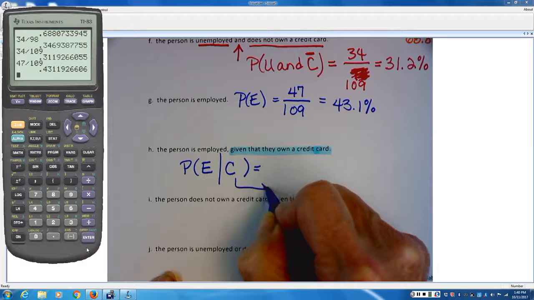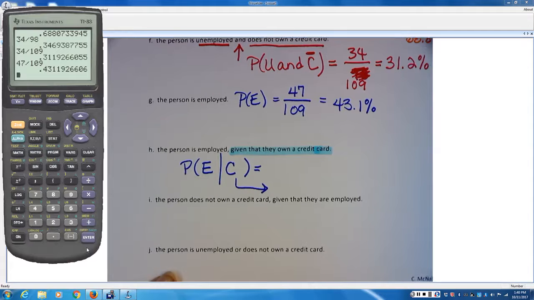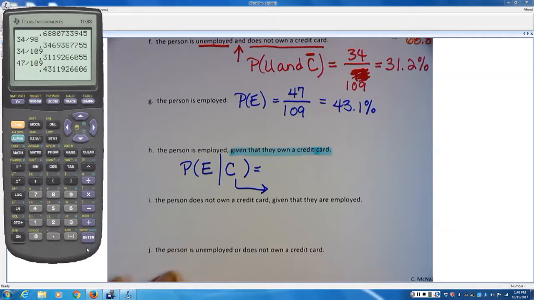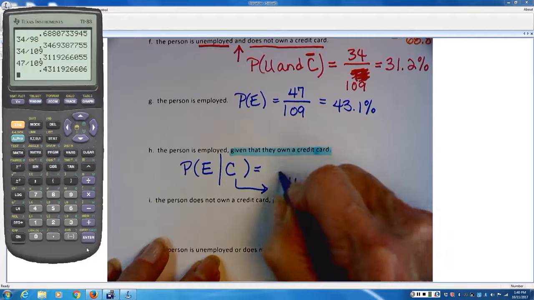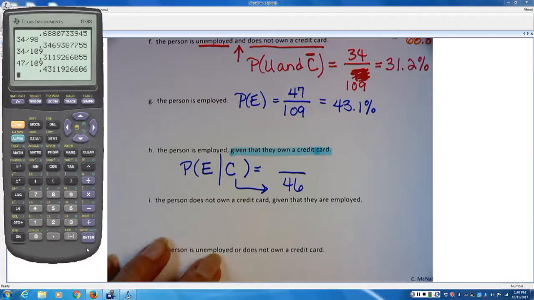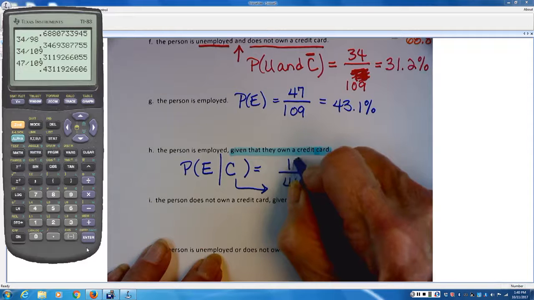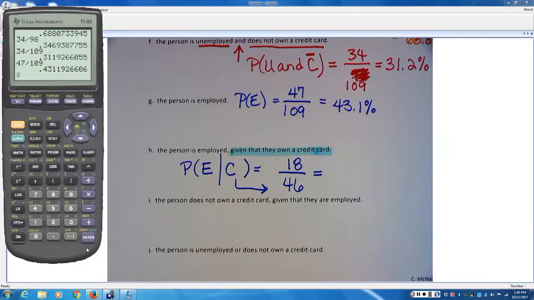How many people have a credit card? Total. 46. And out of those 46 people, how many of them have a job? 18. I think if you'll learn to kind of break it down that way, it'll make it easier for you to figure out how to do this.